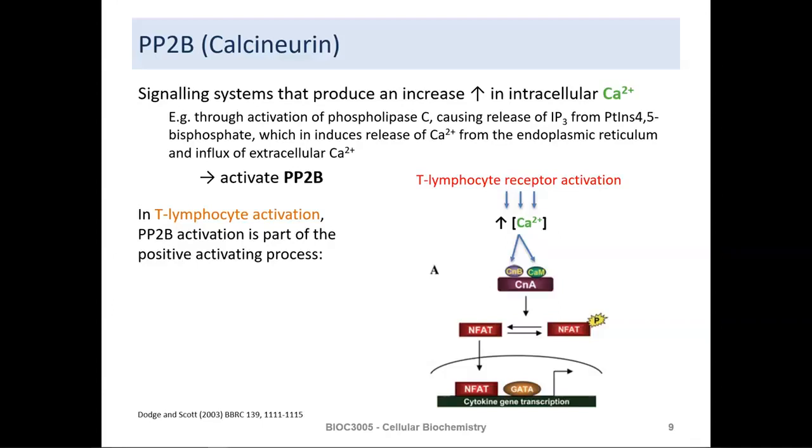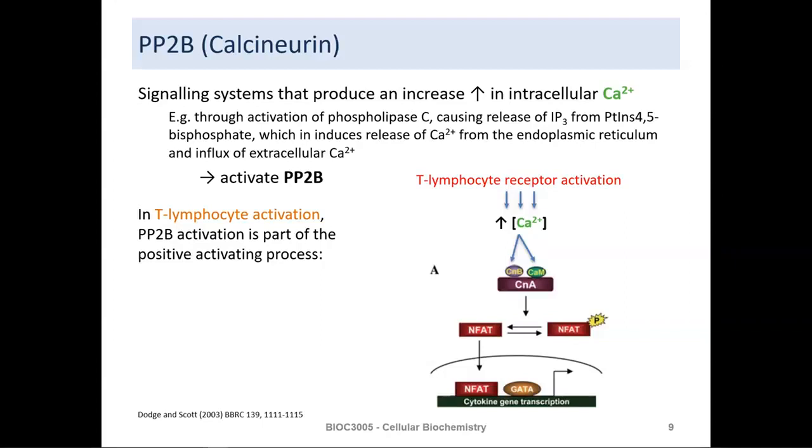PP2B is an important positive activating component of T lymphocyte activation. We see that when a T lymphocyte receptor is activated, this will lead to an increase in the intracellular concentration of calcium, which then activates the PP2B enzyme.